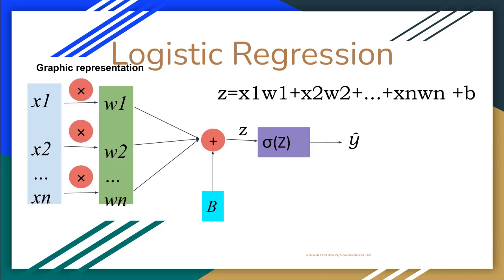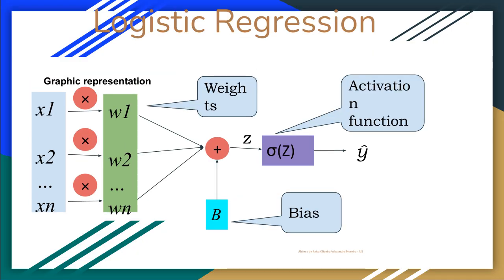We can view the calculation of logistic regression as a flow. We have the input attributes, which can be seen as a sequence of values x1, x2, up to xn. These values are multiplied by their respective weights w1, w2, up to wn. The results of the multiplication are summed, along with a bias value, generating a value, z. This value is applied to the sigmoid function, represented here by the Greek letter sigma.